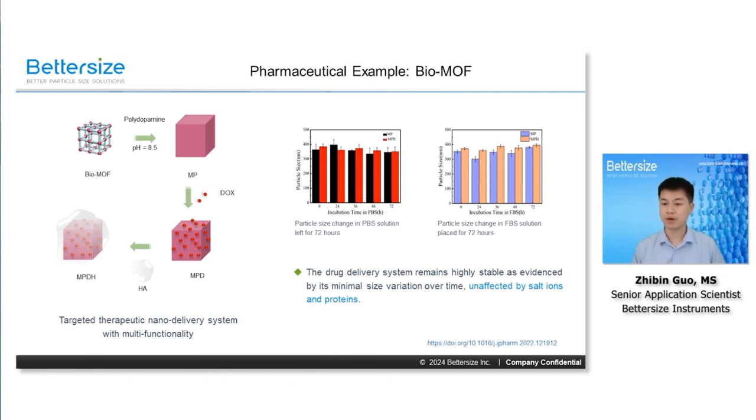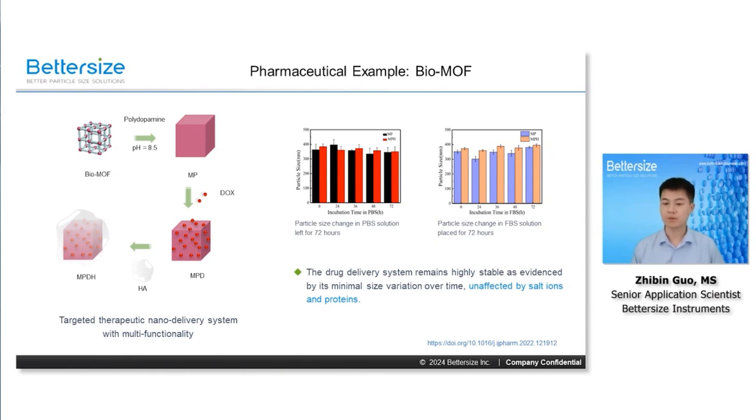These MP nanoparticles are then loaded with the chemotherapy drug doxorubicin, a widely used cancer treatment, to enhance the biocompatibility and targeting capabilities. The surface of these MP nanoparticles is modified with hyaluronic acid, creating MPH nanoparticles.